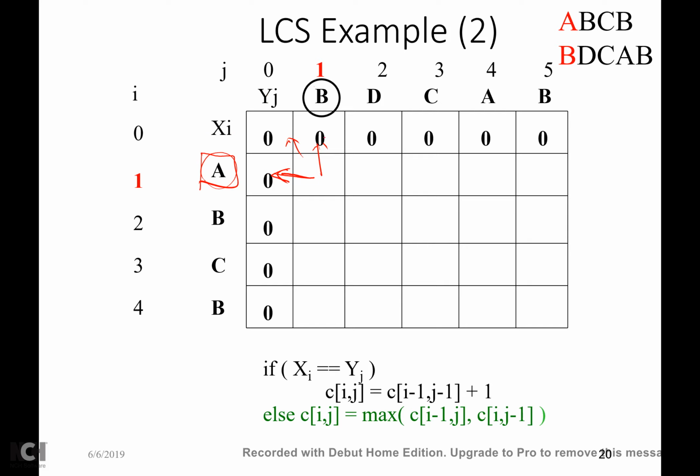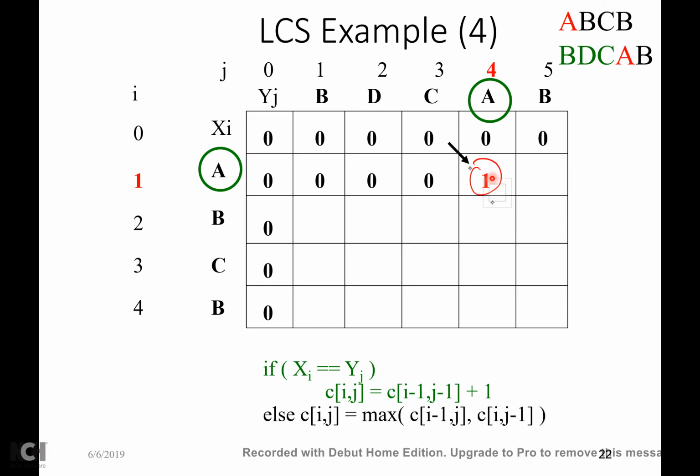If you choose this side, it corresponds to choosing the whole y but xi minus 1. In this case, it should be 0. Then you compare the next elements in the yj, and you meet another A. Since we count this matching, you have this number plus 1.